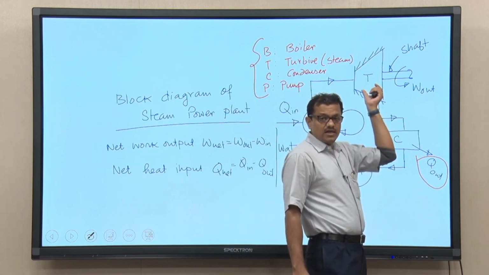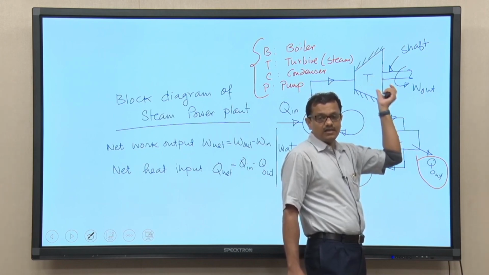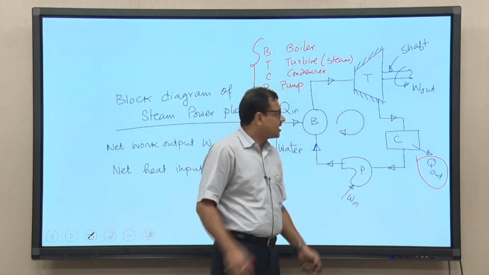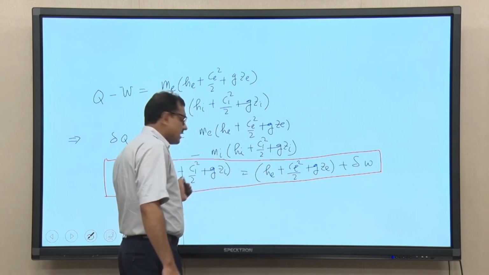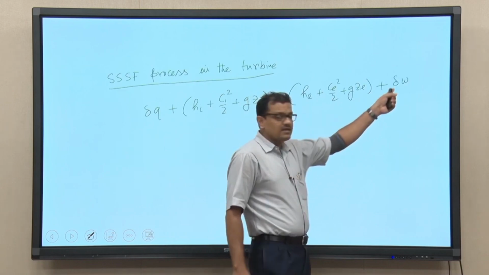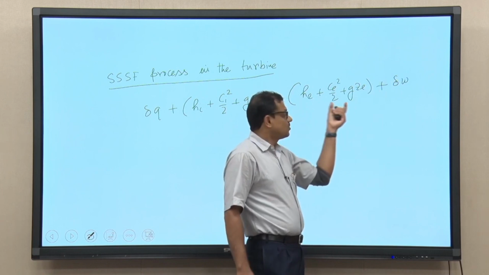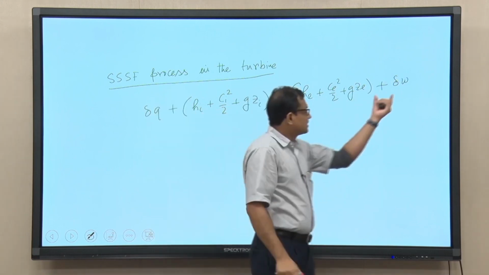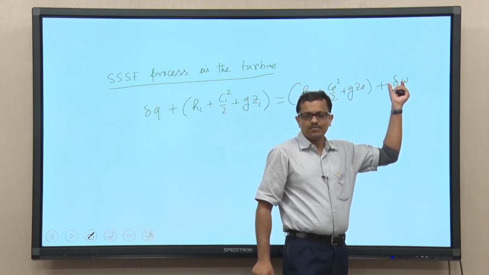The work needed to maintain the flow at the inlet as well as at the outlet of the turbine, in the presence of pressure, is already taken care of by the terms h_e and h_i. But this additional amount of work is the work output from the turbine. On top of the flow work, this is the amount of work done by the control volume, and that is what is important.